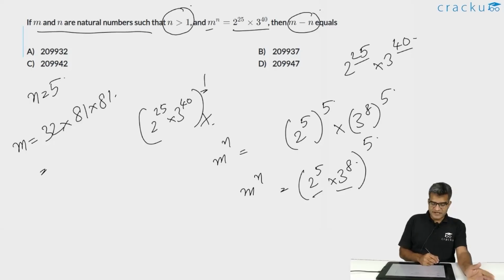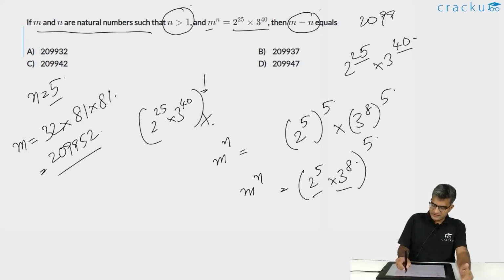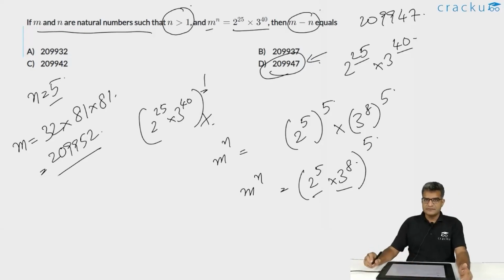The second term, 32 into 81, can be calculated. This is 209952. So m minus n will be 209952 minus 5, which is equal to 209947. So the answer for this question is option D.